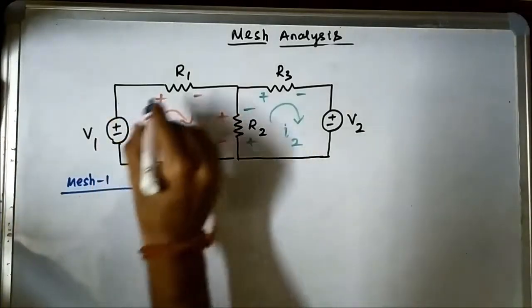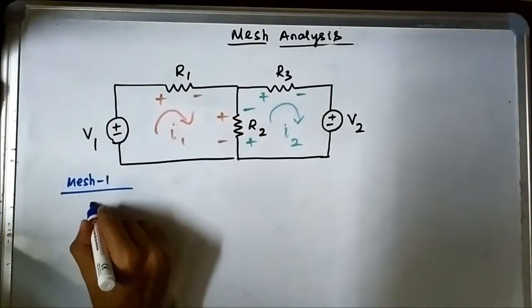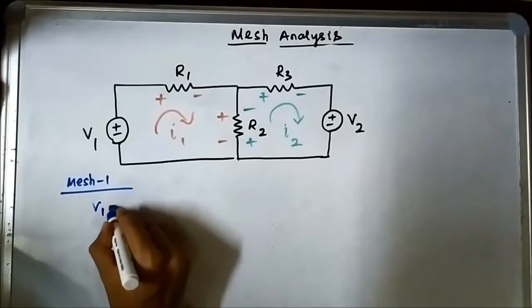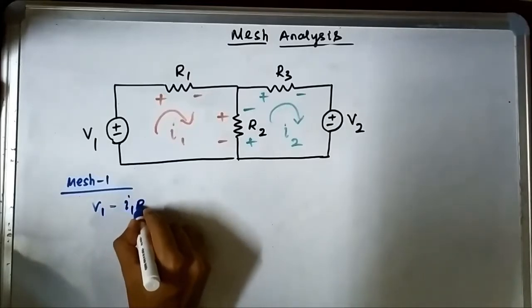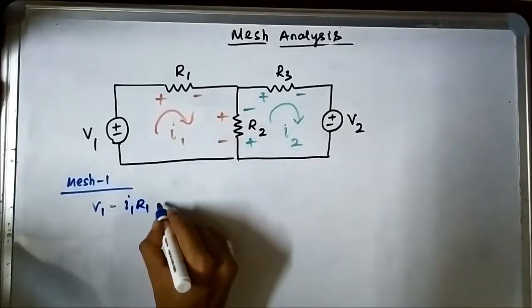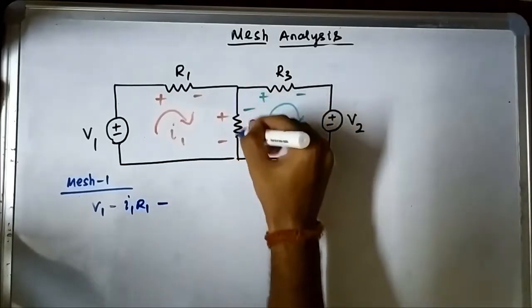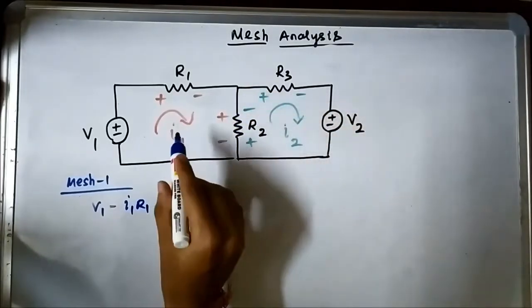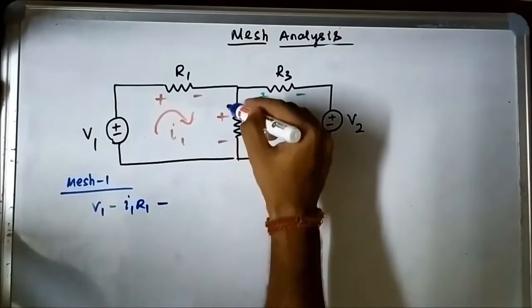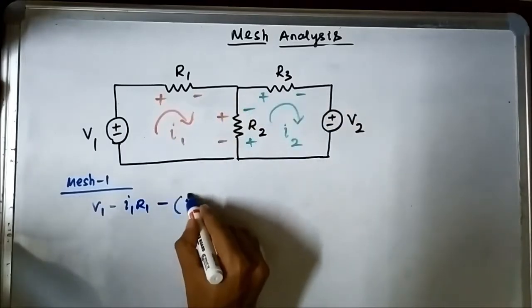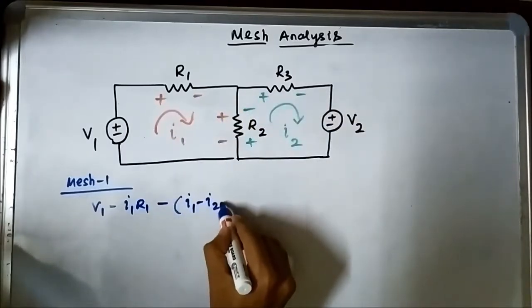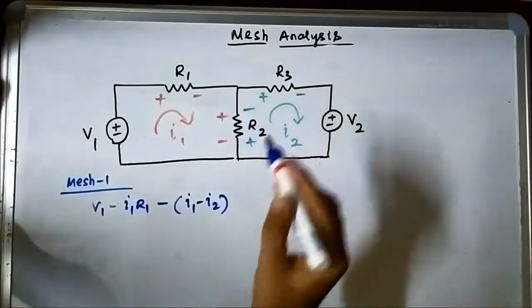So the KVL equation for mesh 1 is V1 minus I1 R1 minus, here the current flowing through R2, with I1 being the dominating current, will be I1 minus I2, because they are flowing in opposite directions through R2.